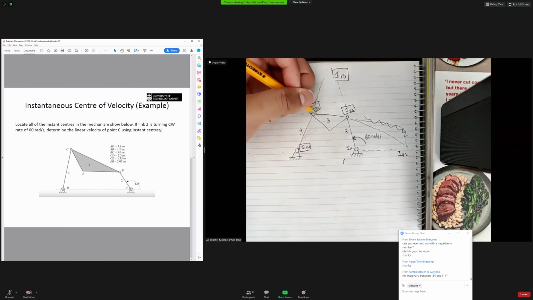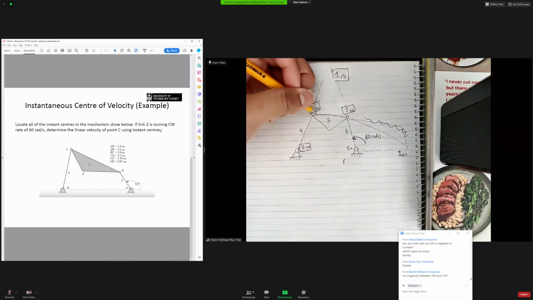A, D, B, C. If you get lost in my diagram, just go to the one there. E as well. You've got all your dimensions as well, but there's one missing. We'll go over that soon.